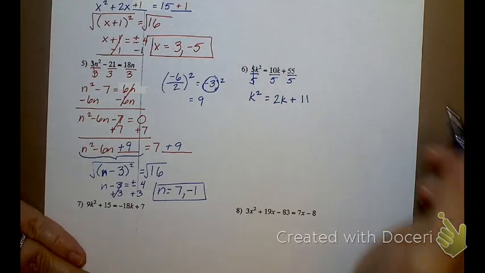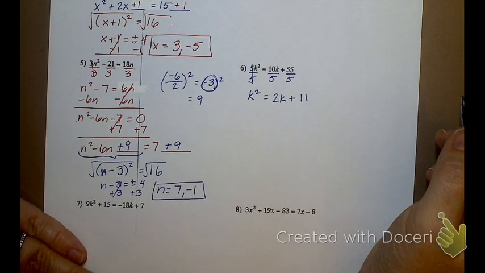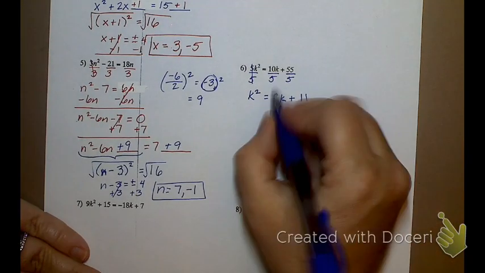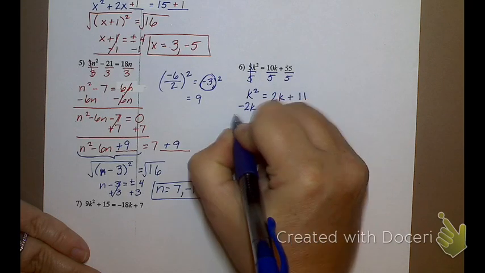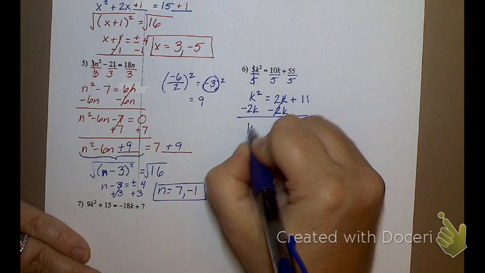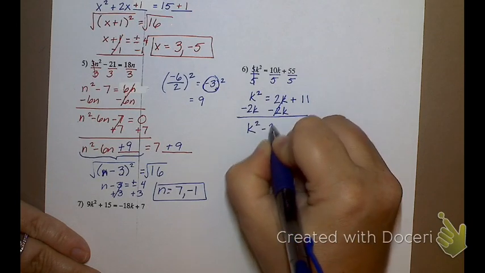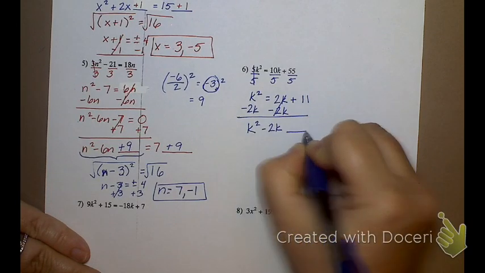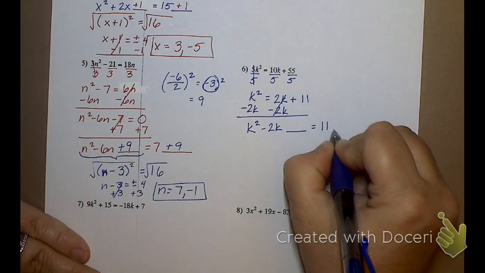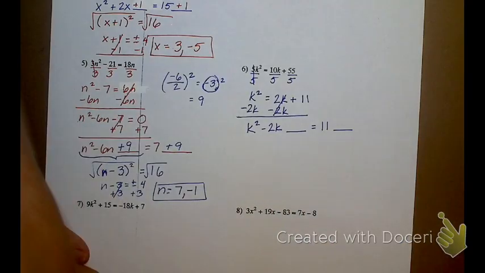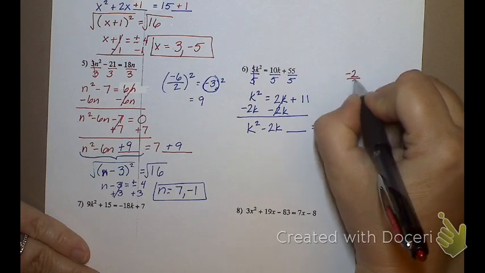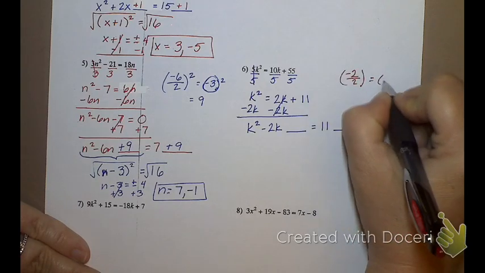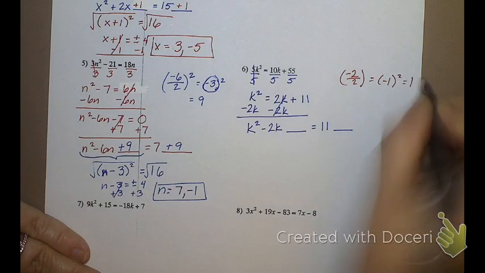What do I need to do? You need to subtract the 2k. That gives me k squared minus 2k blank equals 11 blank. What goes in my blank? Negative 2 divided by 2 is what? Negative 1 squared is positive 1.